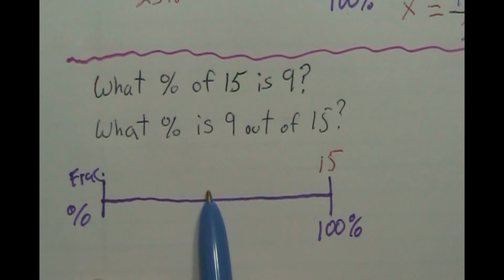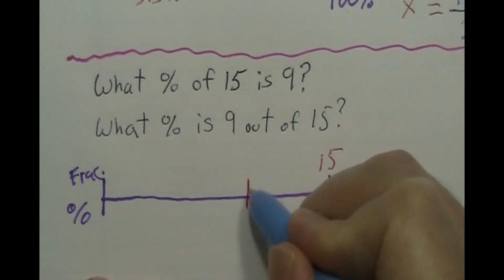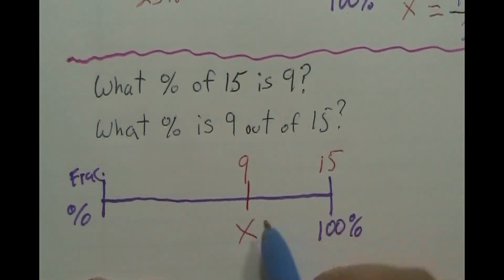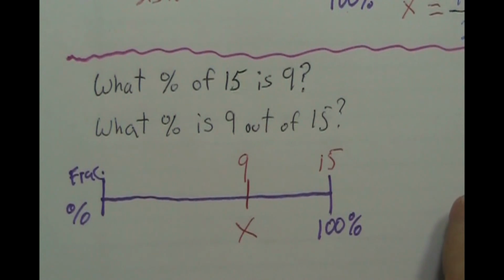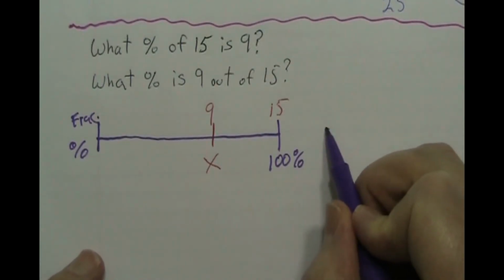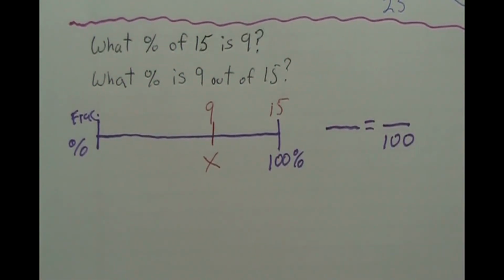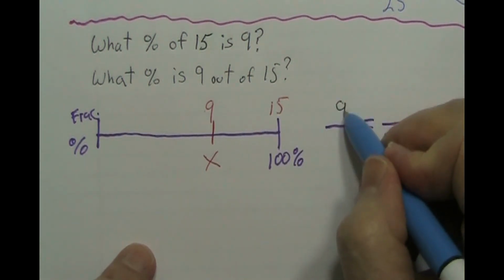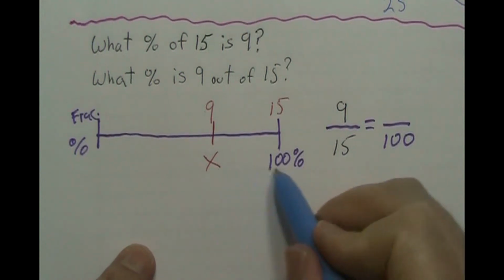This is about halfway, 7.5, so let's say this is 9. I'm just guessing. 9 out of 15 is some percent. What percent is it? That's the question. So we have 9 out of 15, that's our fraction, and some percent, we don't know.